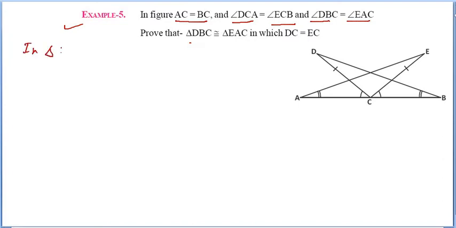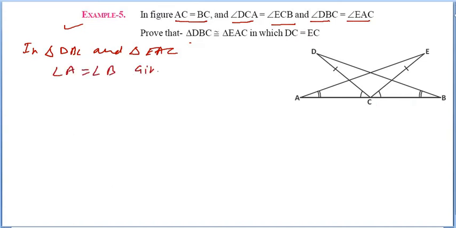In triangle DBC and triangle EAC, you can see in DBC, angle A is equal to angle B.